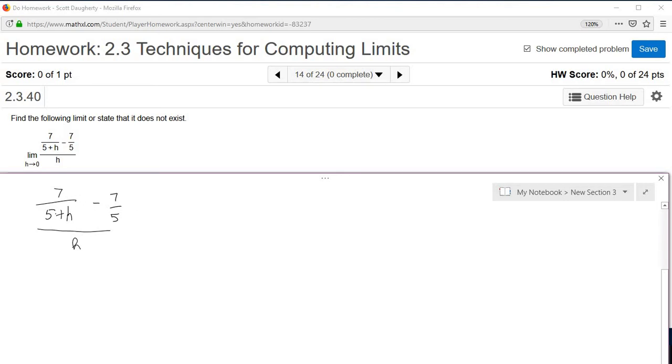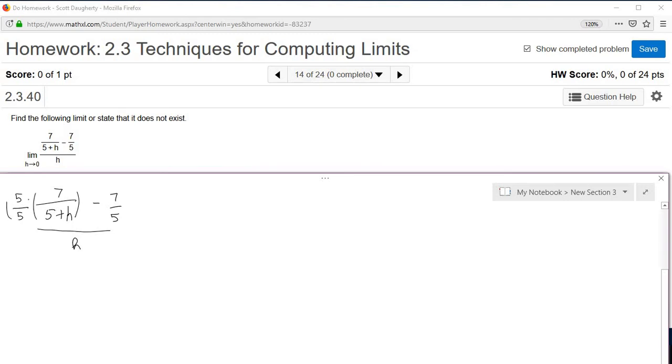Notice the common denominator in this case would be 5 plus h times 5. So over here, you're missing a factor of 5, so I'm going to multiply this by 5 over 5.